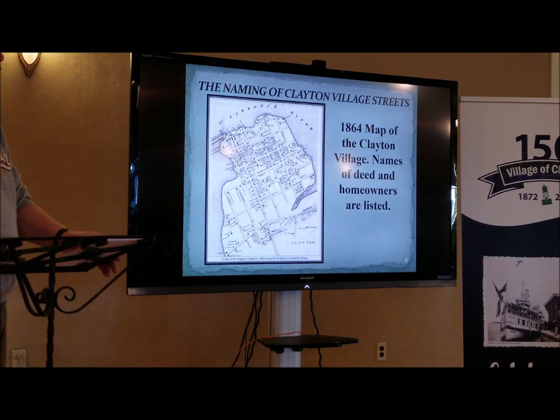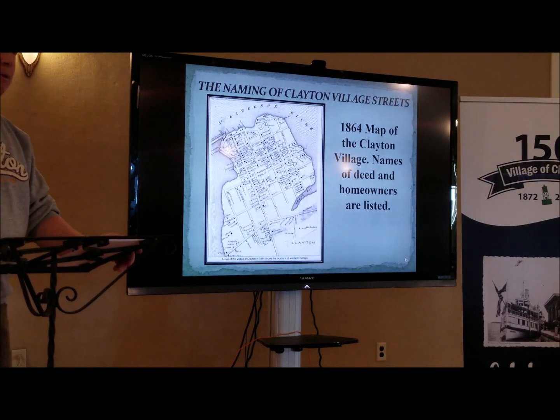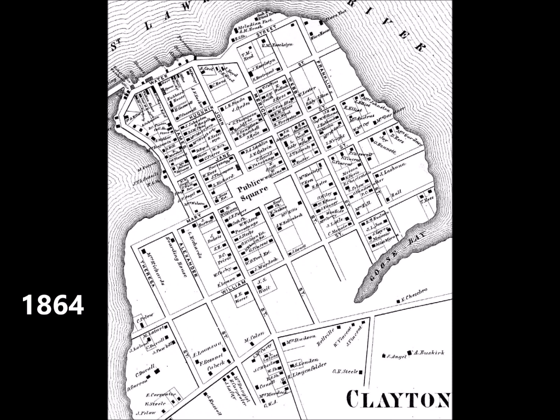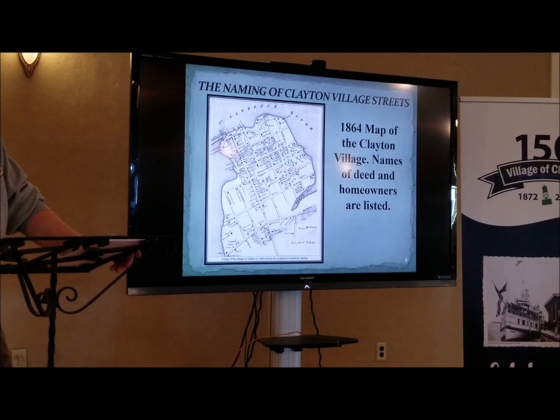All right? Here we got an 1864 map. I'm going to suspect most of you have seen this map. I think of all the old maps of Clayton, this is the one that I see the most. If I'm doing any kind of research, I go online, I open up books, newspaper articles.